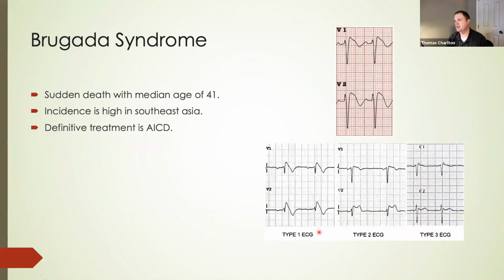All right, Brugada syndrome. This is something that not many people have heard of. It was first described in 1992 by two brothers that were cardiologists. And they described it after taking care of a number of patients that they had that ended up having this disease.